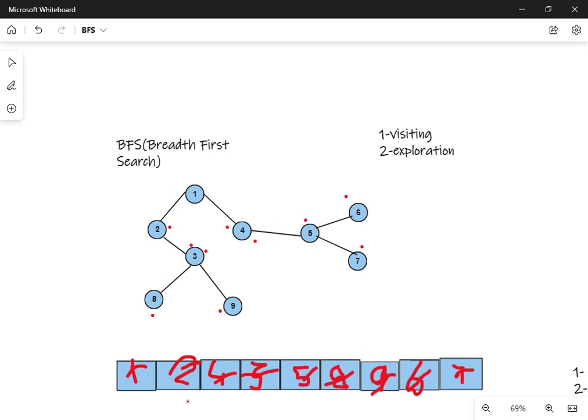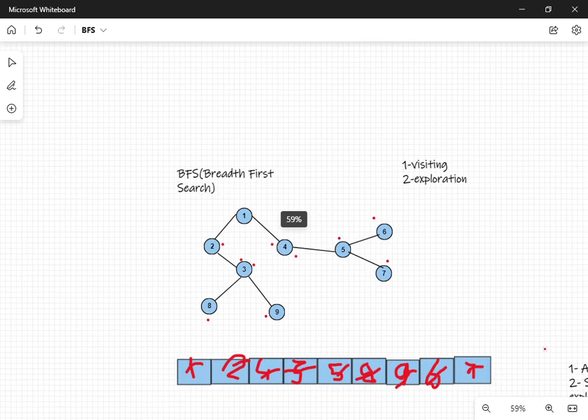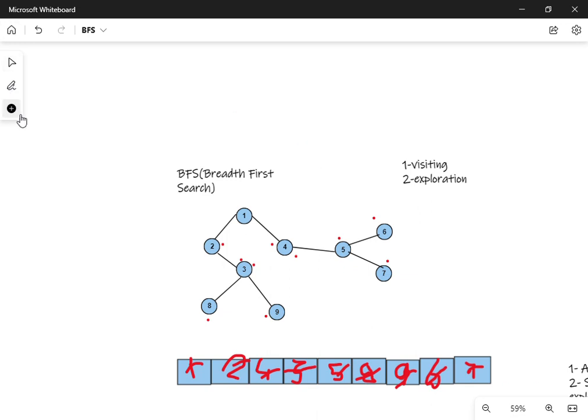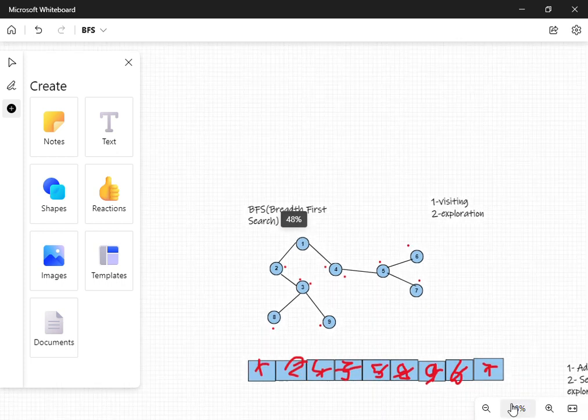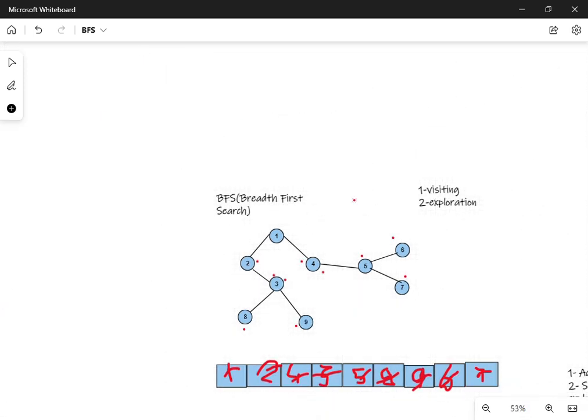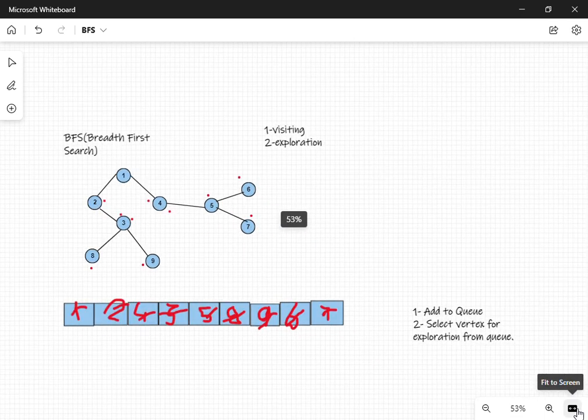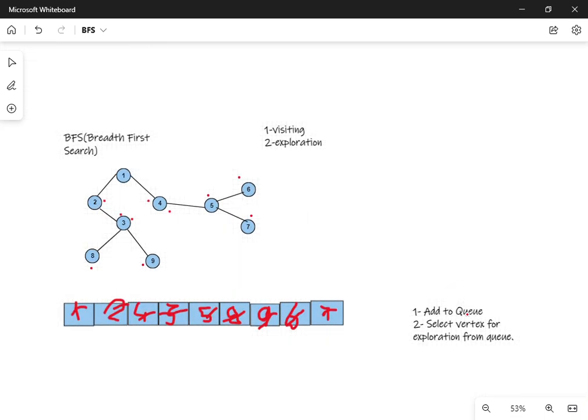The two steps to follow for the queue data structure in BFS are: number one, you have to add your selected vertex into the queue, and then select a vertex for exploration from the queue. For example, first we choose 1 as our first vertex, so we add it into the queue box.